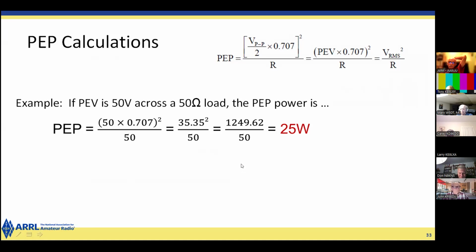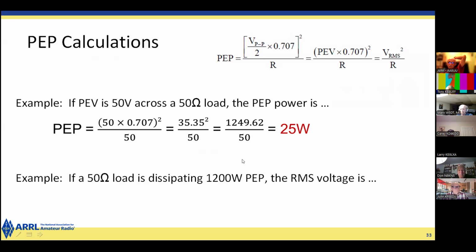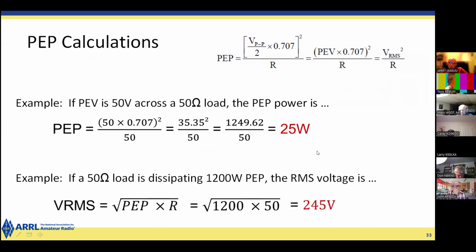So, you're going to have to do that with a multiple guess. If a 50 ohm load is dissipating 1300 watts PEP, the RMS voltage is, drum roll, what is it? I can't see.